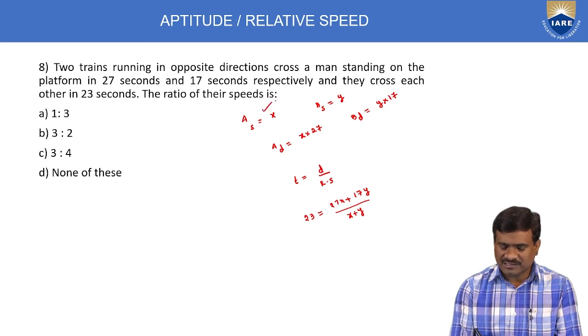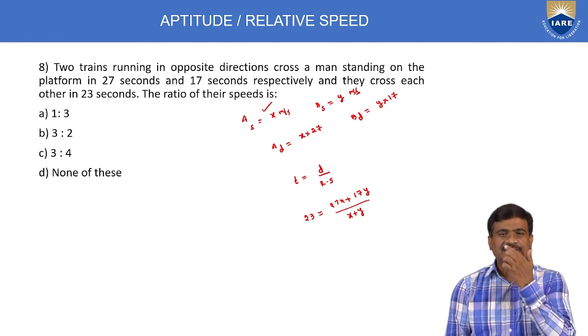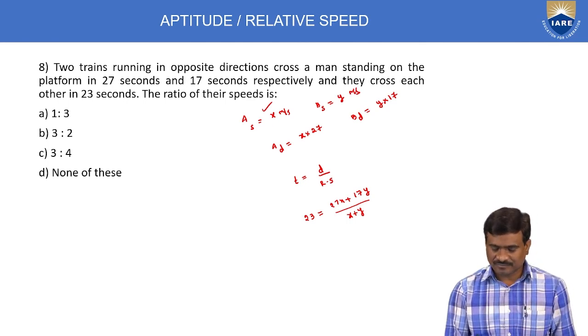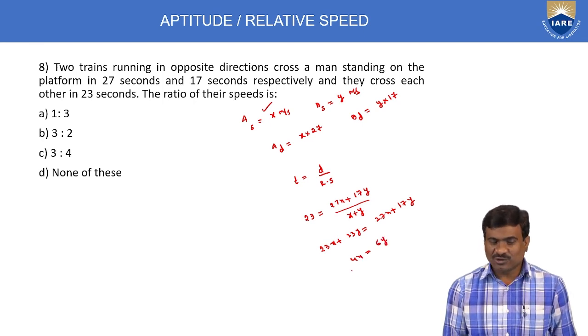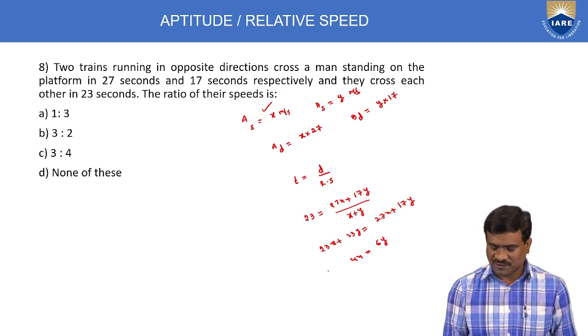A's speed is x meter per second, B's speed is y meter per second, and the relative speed is the sum of their speeds. Next, 23x plus 23y is equal to 27x plus 17y. Next, 4x is equal to 6y.